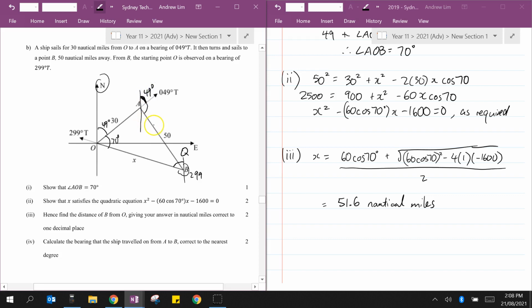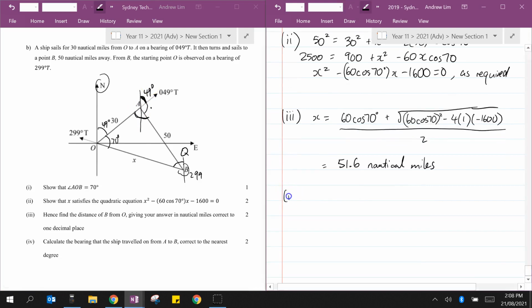So I just need to work this bit out here, and then I can do 180 minus that to get this angle here, and then I can just add it to the 49. So part 4. Let's call this S down here. Actually, no, we need a whole angle, so I'll call it theta.